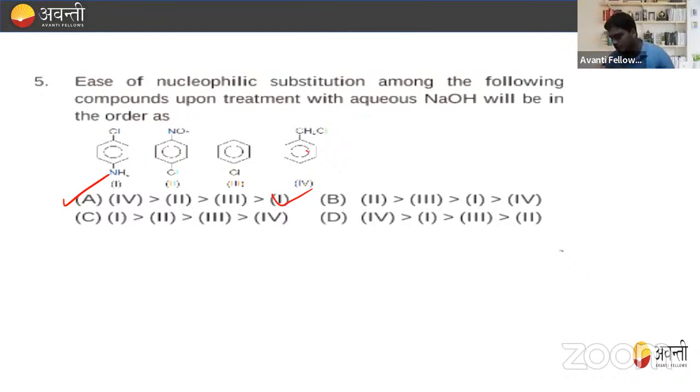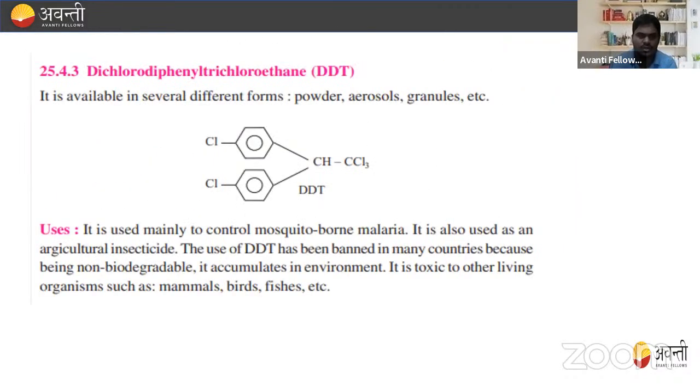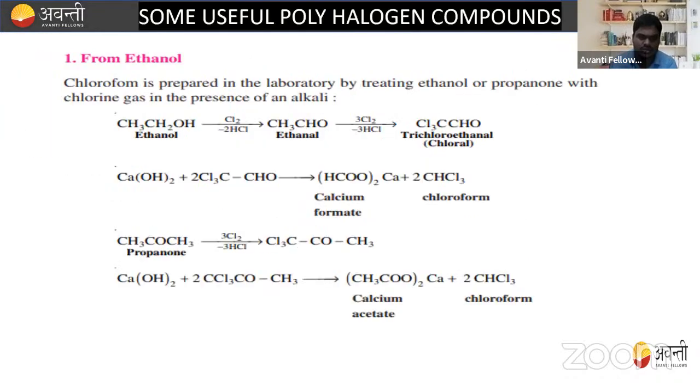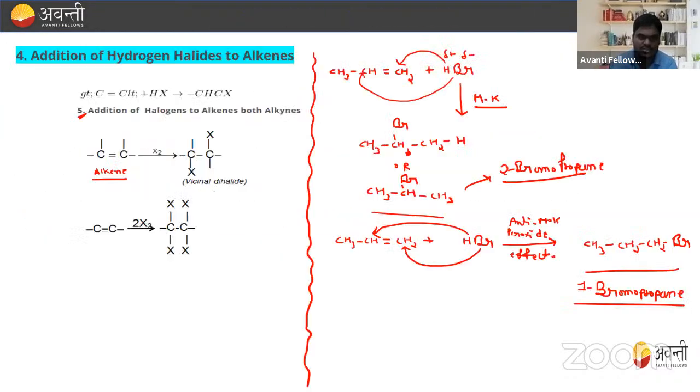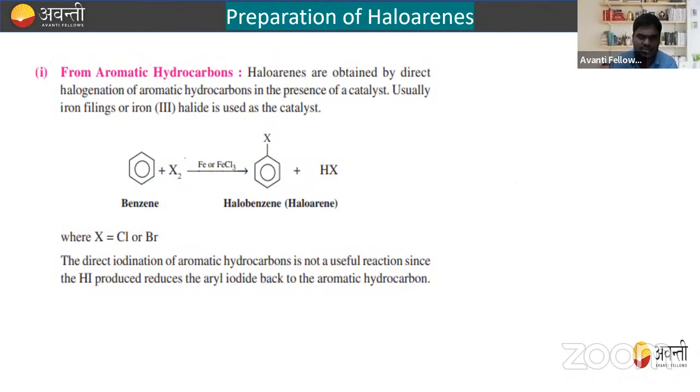We have already covered all the important questions related to this chapter, and we also covered the entire topic. So just revise this. This is going to be very important for you all. Just remember things like the iodoform reaction, what is addition, and what is the reaction of this.